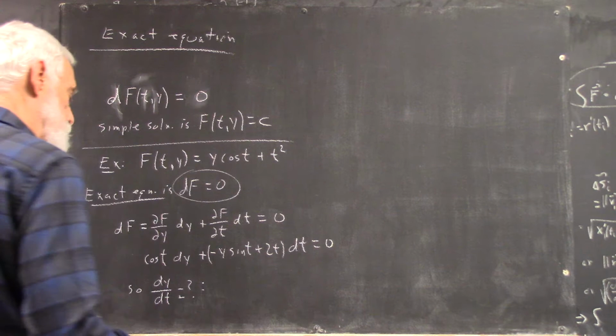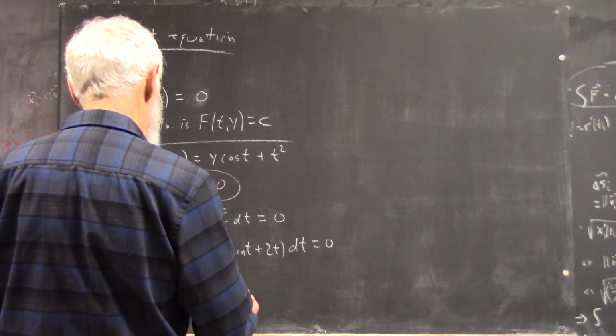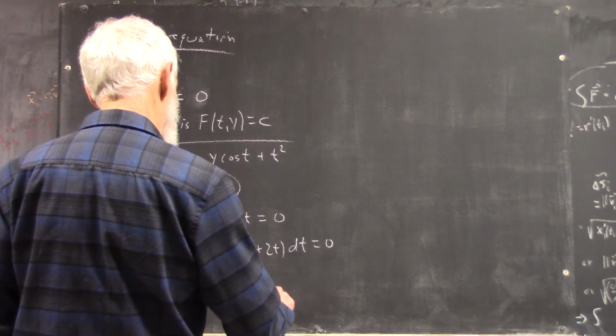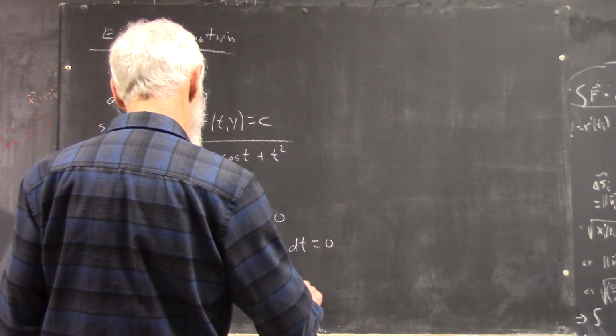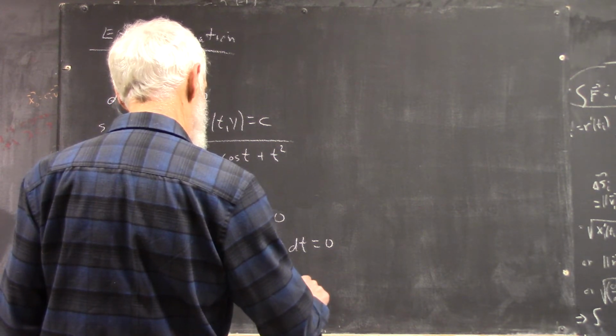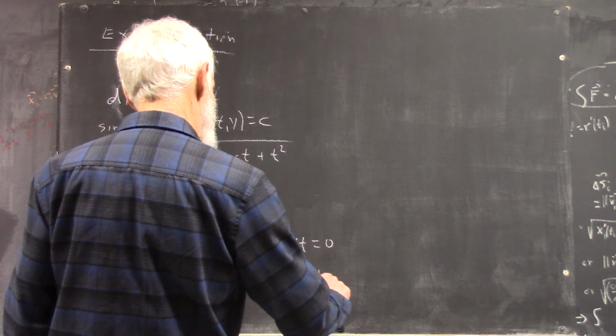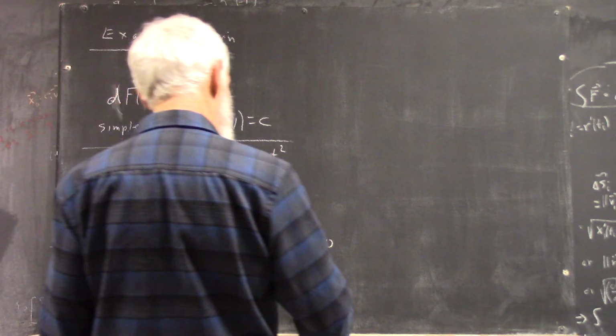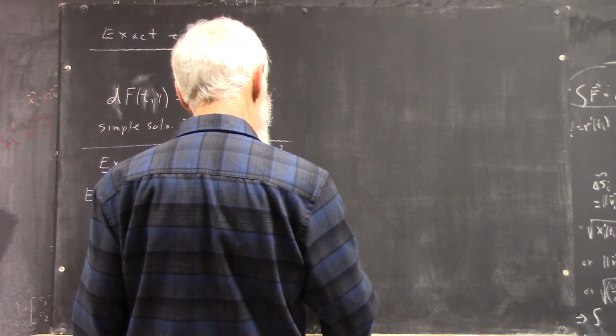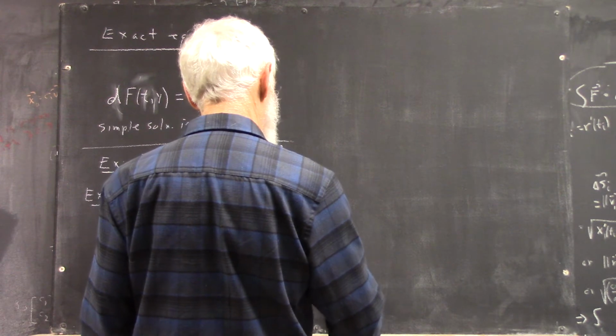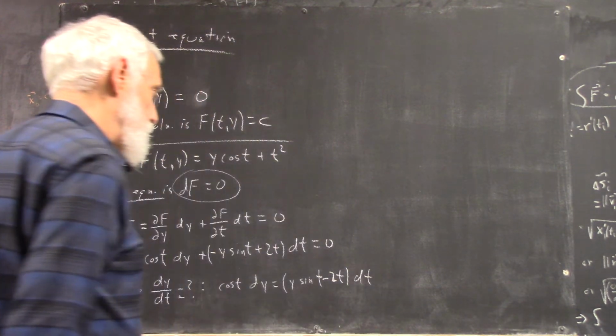okay, let's work out the details. You get cosine t dy equals y sine t minus 2t dt, right?